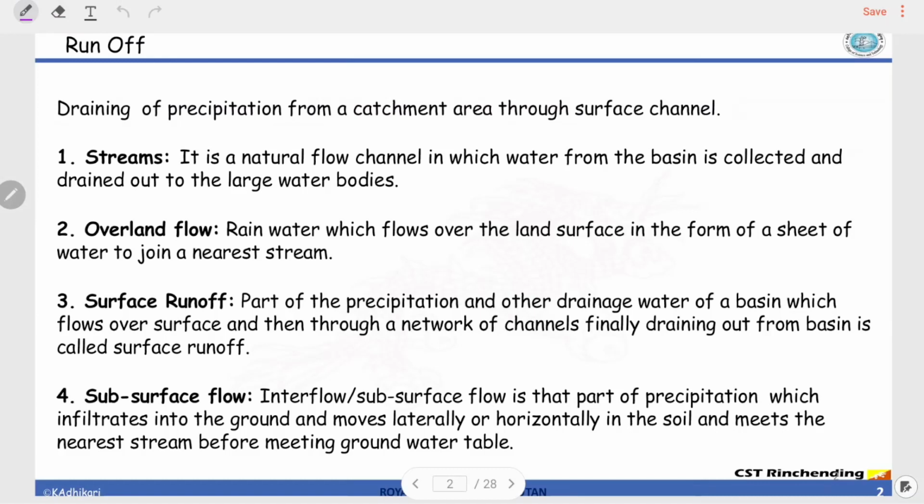You must have seen, if you spill water on the ground or on a concrete floor, that water moves in a sheet form, and that is what we call overland flow. You can observe this in any parking lot or a huge paved surface. There is no infiltration as such, so it starts to flow not as a stream but as a sheet, and that is what we call overland flow.